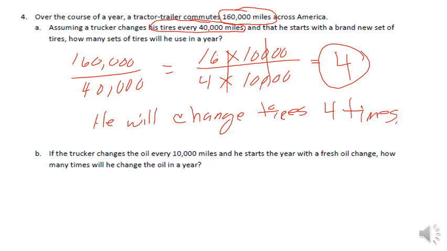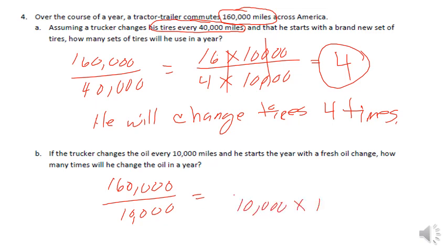B. If the trucker changes the oil every 10,000 miles and he starts the year with a fresh oil, how many times will he change the oil in a year? Well, once again, we have 160,000 over 10,000. Now this one here is kind of unique because I can take a 10,000 out of there because I can go 10,000 times 1, and then I have 10,000 times 16.